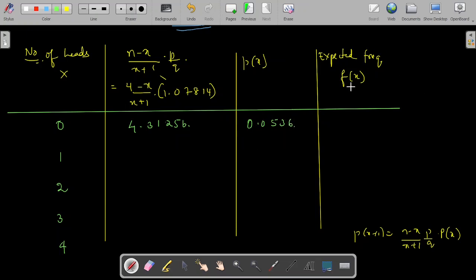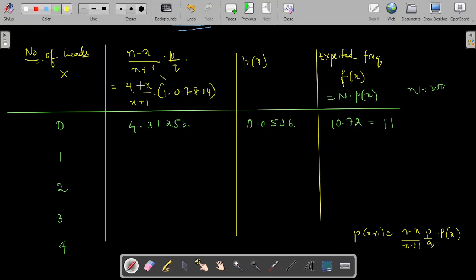Then expected frequency f of x is N into P of x. So you have to multiply this value with capital N. Capital N, 200 times it is repeated, so capital N equal to 200. 200 into this value gives you 10.72. Round off this to an integer, which is 11.